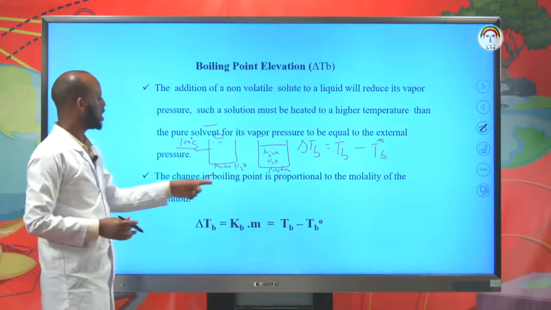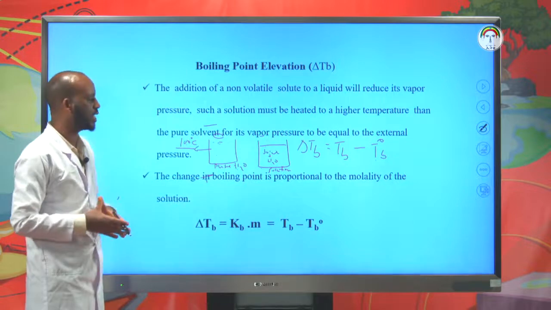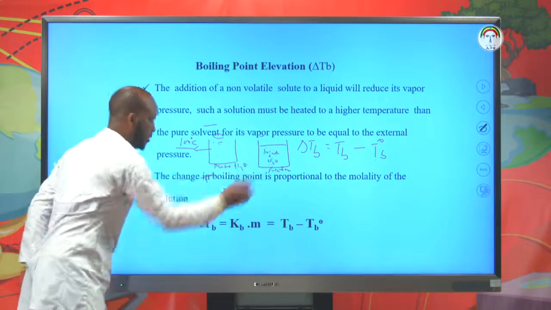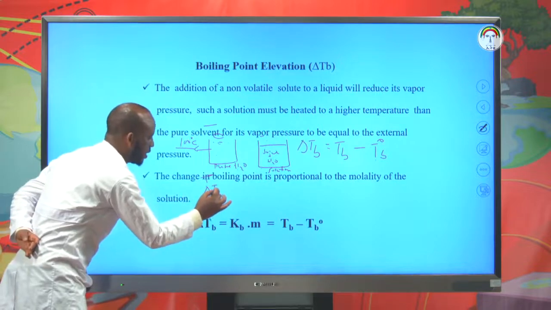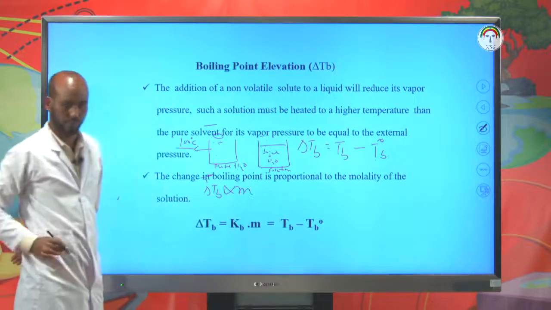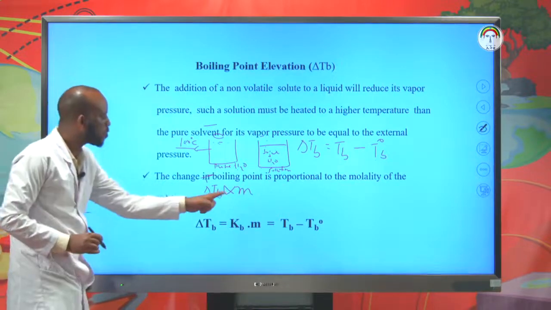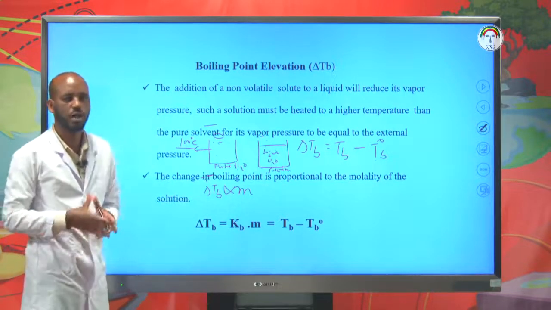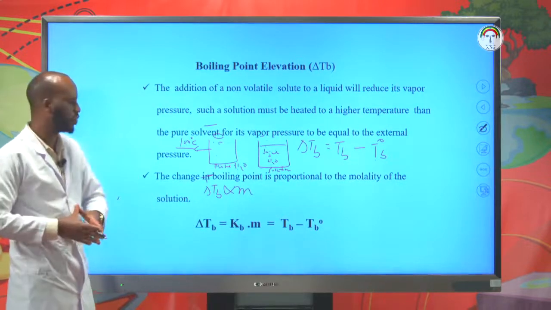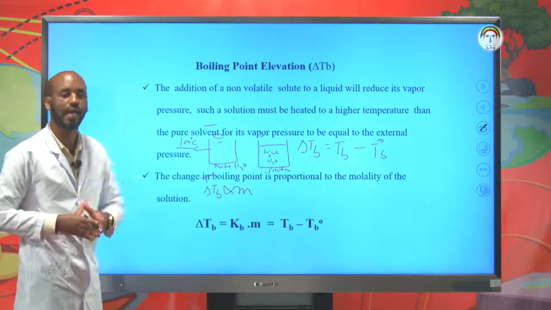The change in boiling point is proportional to the molality of the solution. Delta TB is directly proportional to molality of the solution. This proportionality constant is known as boiling point elevation constant, denoted by the symbol Kb.